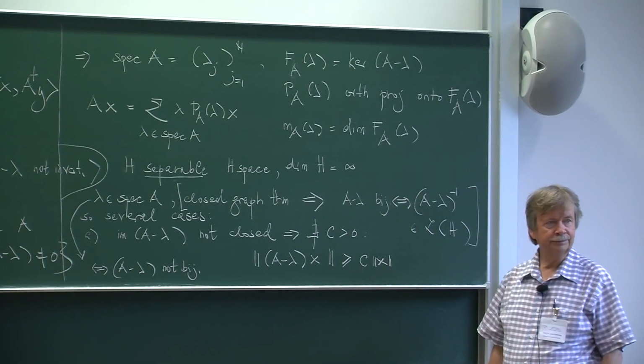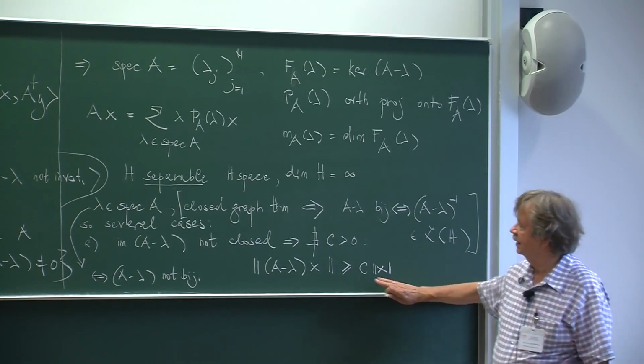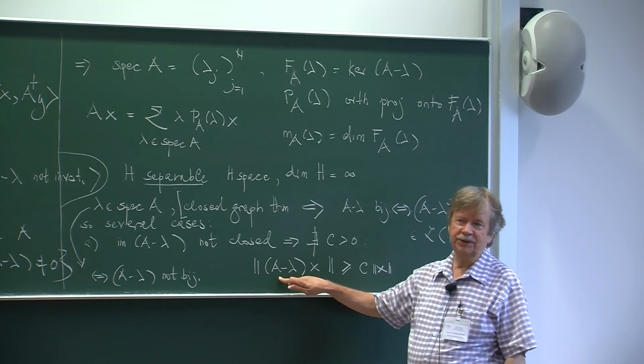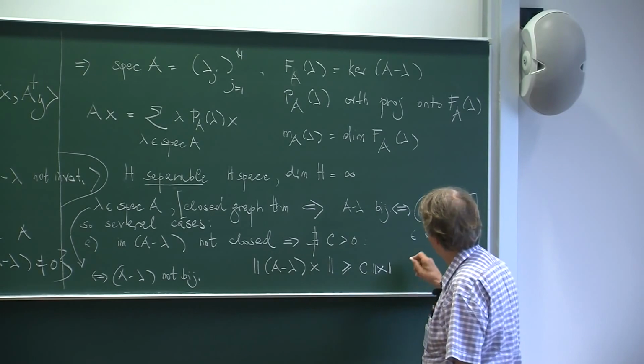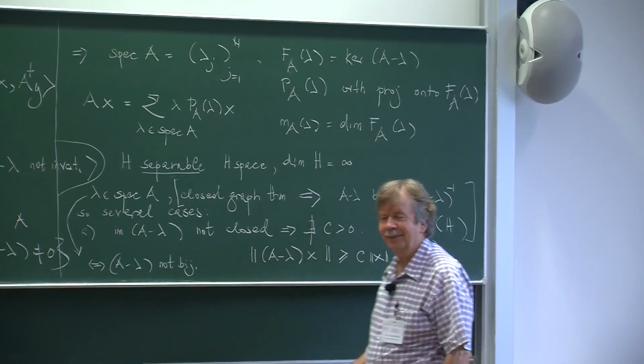Since if I had a constant like this, it would follow immediately that this operator has closed image. Can you see this? So this is something you should think about.